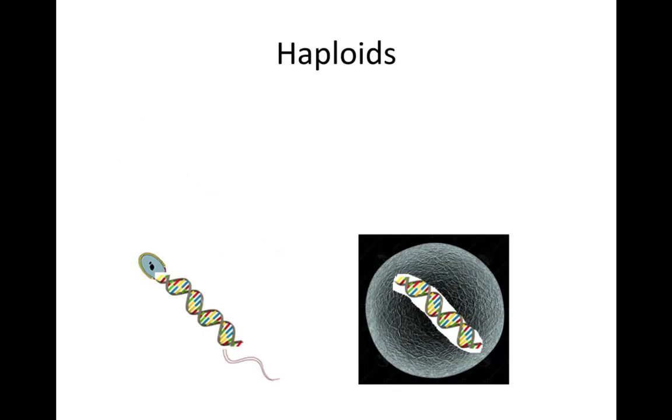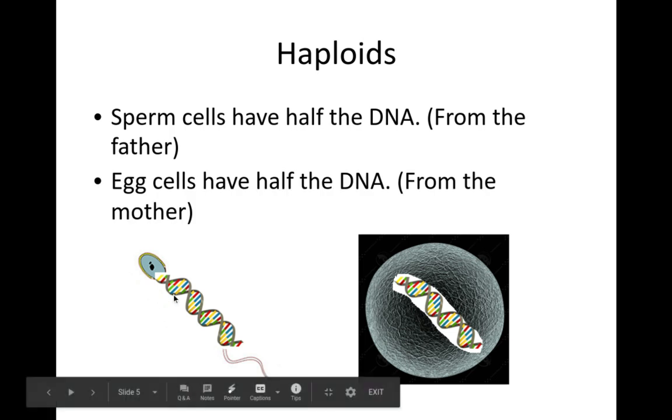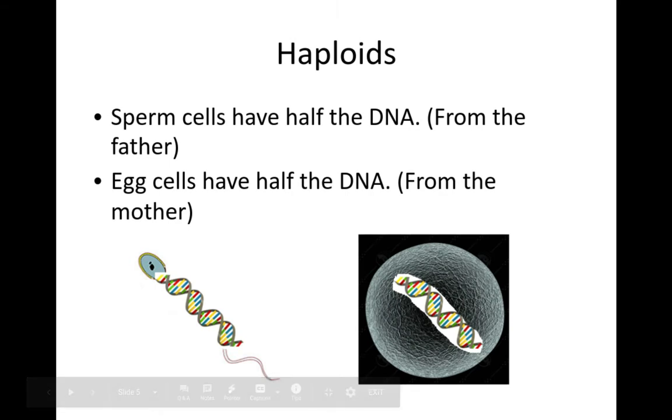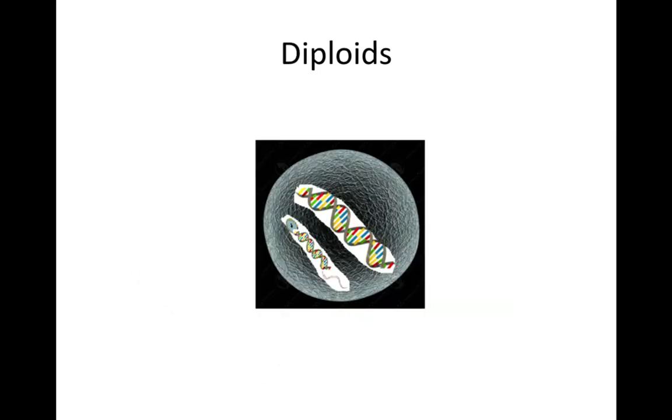Now, gametes are haploids. That means they have half the DNA. For reproduction, you need two haploids. The sperm cell has half the DNA, and the egg cell has half the DNA. So that is the meaning of haploid, half the DNA.